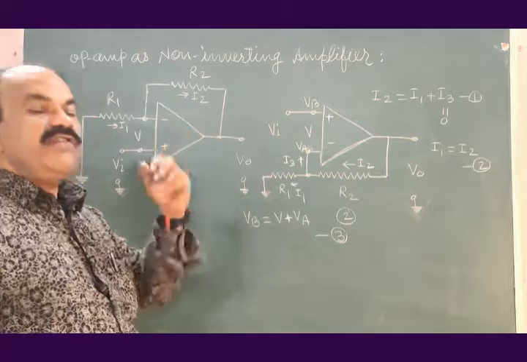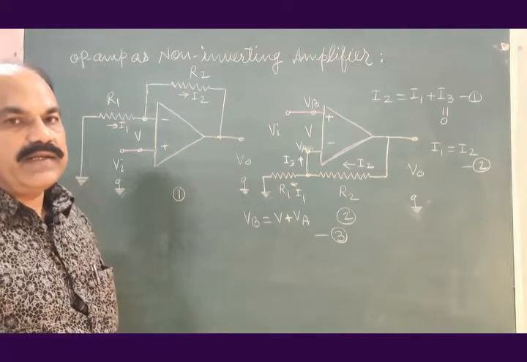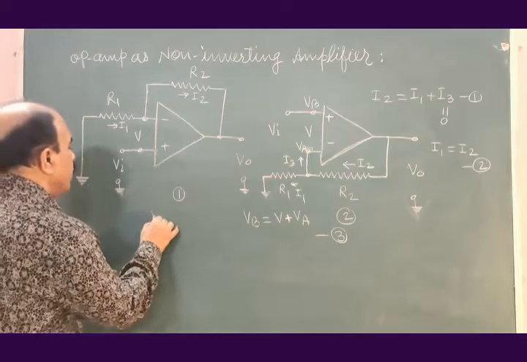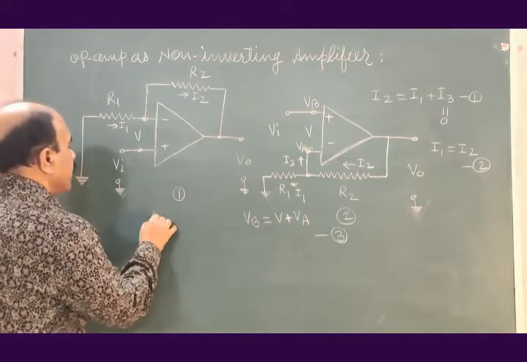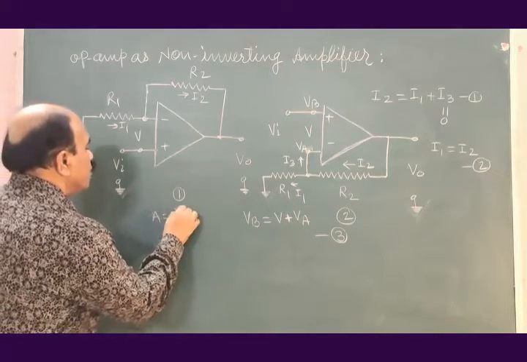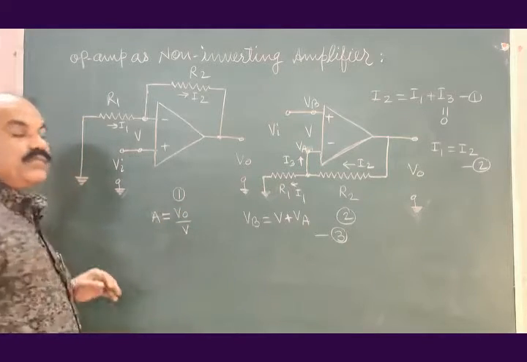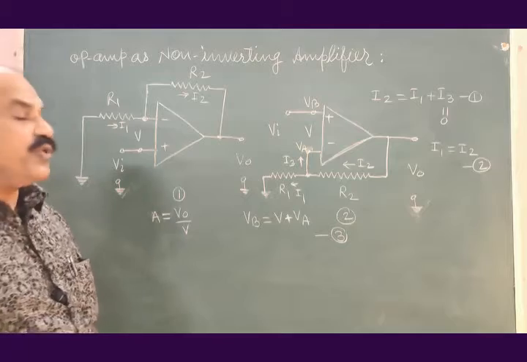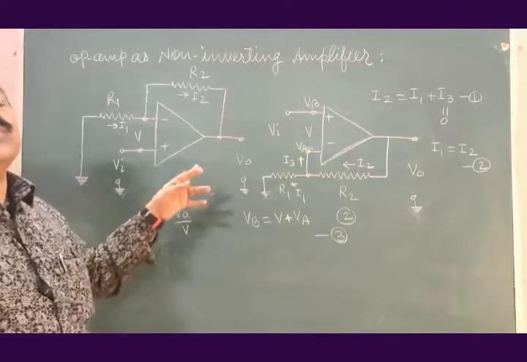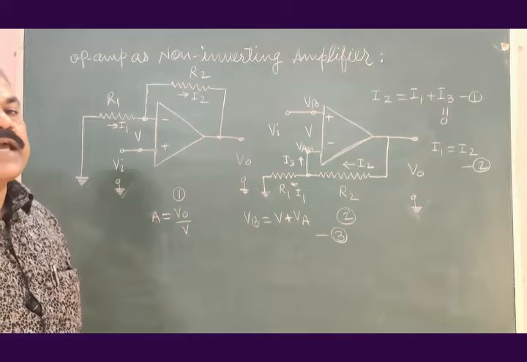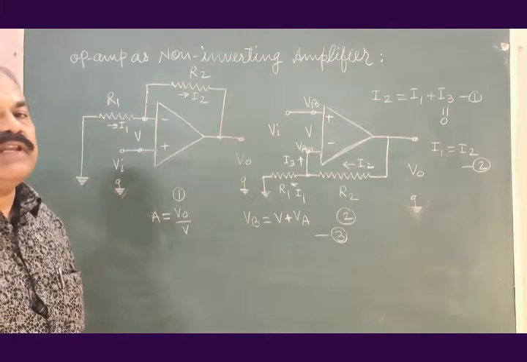It is a non-inverting operational amplifier, so open loop gain will be A equal to Vo divided by V. The sign of input and output will be the same.